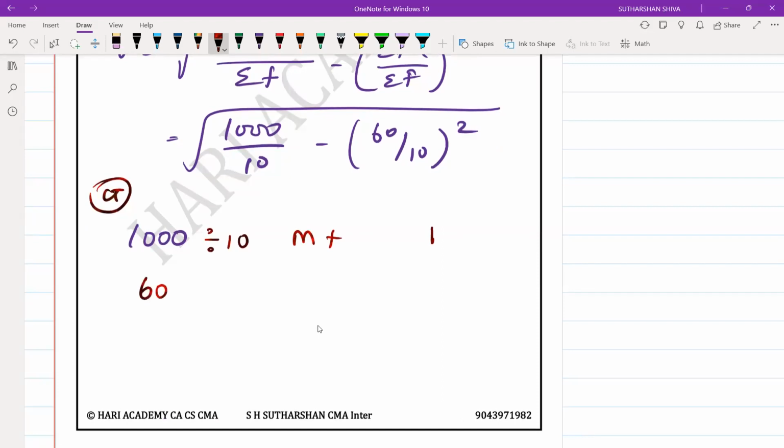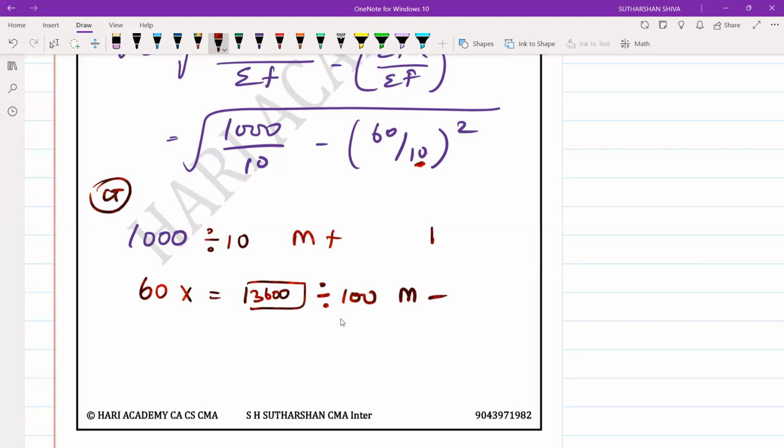Next, 60 into 60, equal to. We will get the value 3600 in the calculator. Here it is 10 square. What is 10 square? Everybody knows, 100. I need to divide it by 100. So press divided by 100.